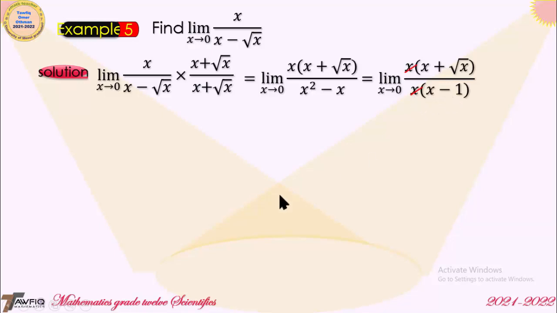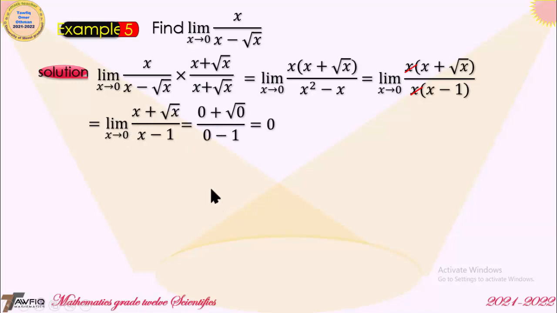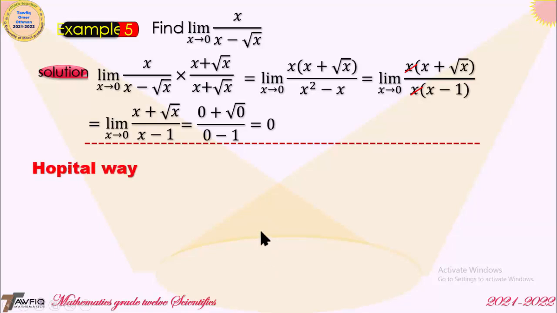Cancelling x with x, it remains the limit as x approaches 0 of (x plus square root of x) over (x minus 1). Replacing 0 in place of x, it becomes 0 plus square root of 0 over 0 minus 1, which is equal to 0. And now we are trying to solve this limit by using L'Hopital's rule.